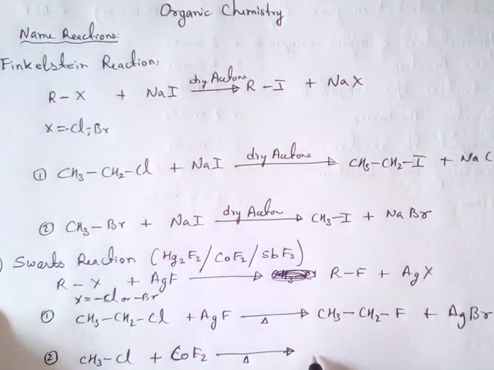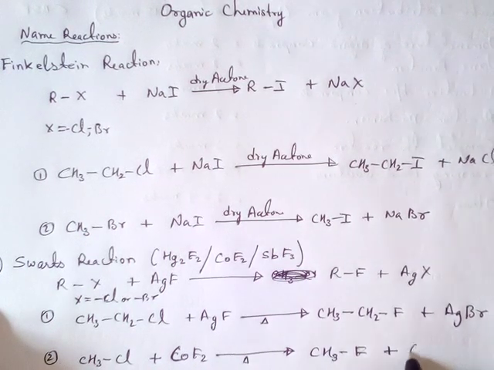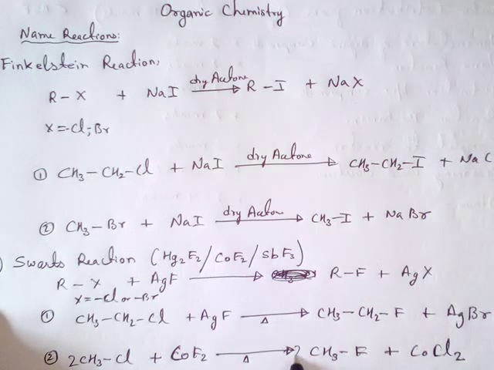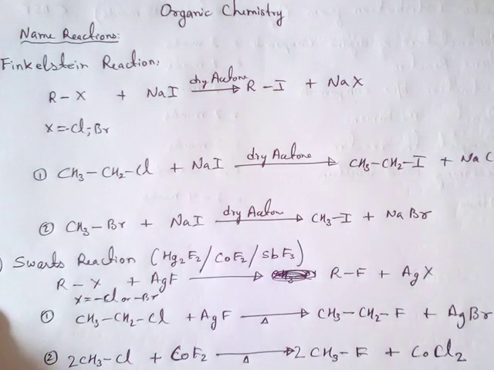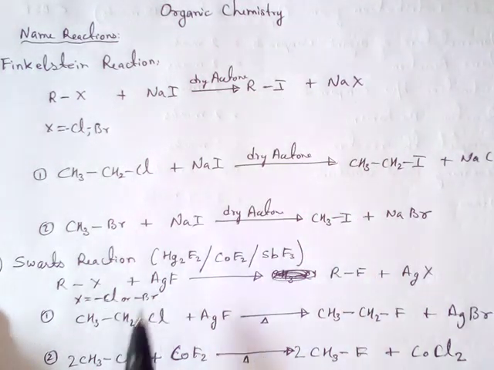So your product will be CH3F plus CoCl2. We need to balance the reaction, right? So this is your Swarts reaction. So remember, in the Finkelstein reaction we prepared alkyl iodide, in the Swarts reaction we prepared alkyl fluoride.